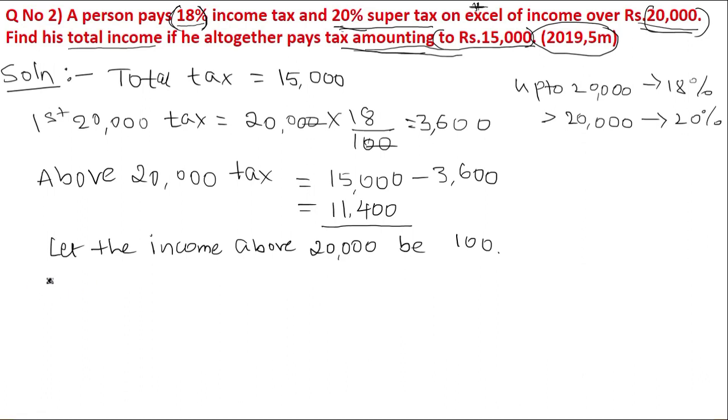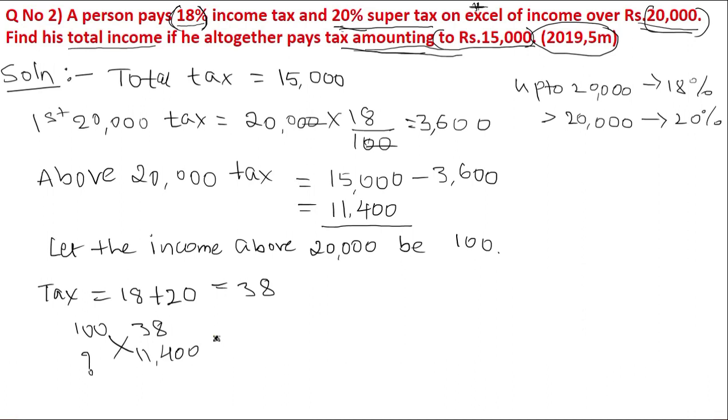The tax is 18 plus 20, it is 38. So we have to do cross multiplication now. For 100 he is paying 38. Then for 11,400 how much is he paying?